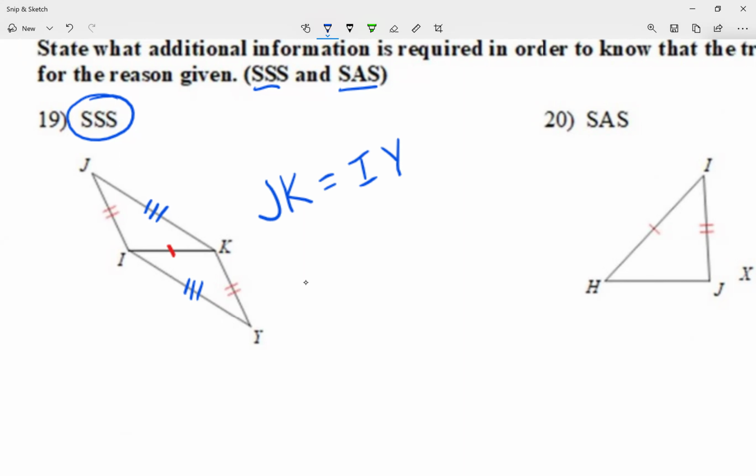That's what you've got to type in: JK is equal to IY. Good. I do have an equal part there, so I'm just going to ask you to fill in the other two parts, but that's really what I'm at. What I'm asking is, what are you missing?